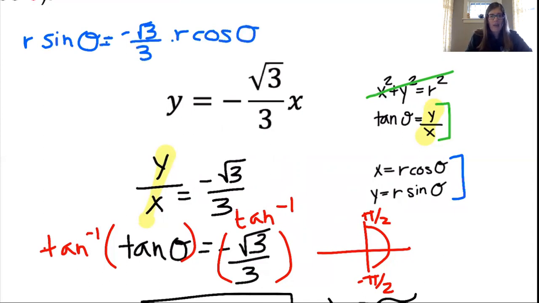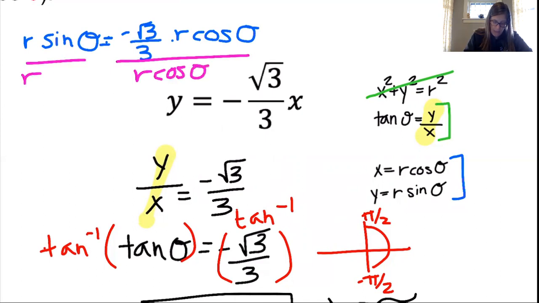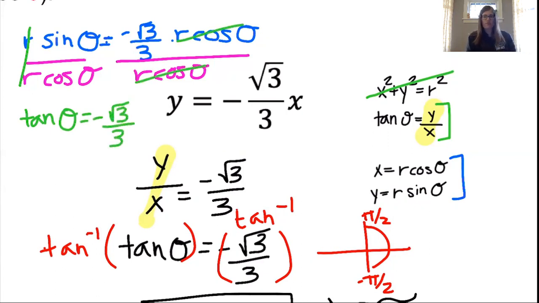And then I would divide both sides by R cosine theta. So when I do that, my R's cancel out and I have sine theta over cosine theta, which is tangent theta. And then these guys canceled out totally. So I have negative square root 3 over 3. And I'm back to where I was before.